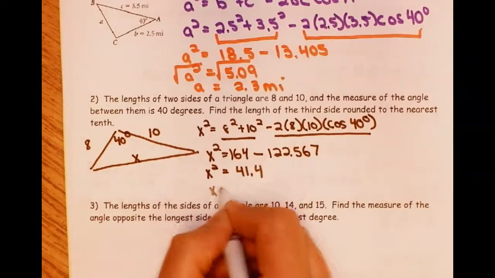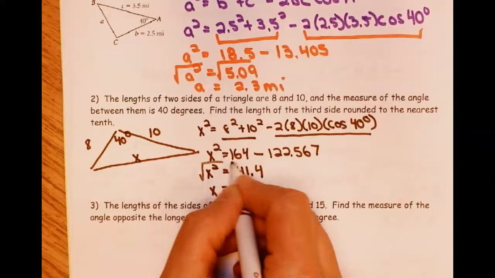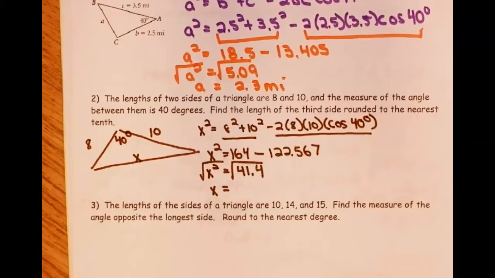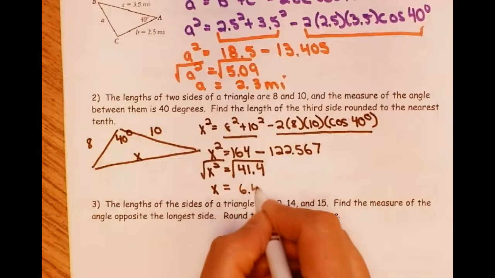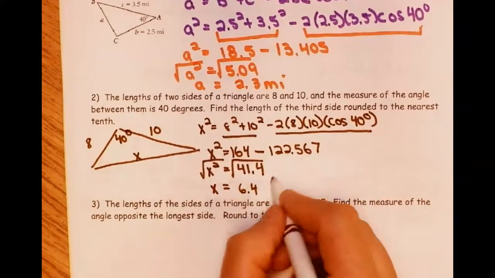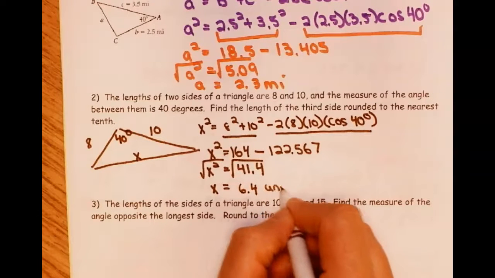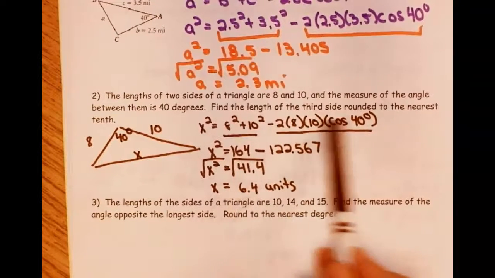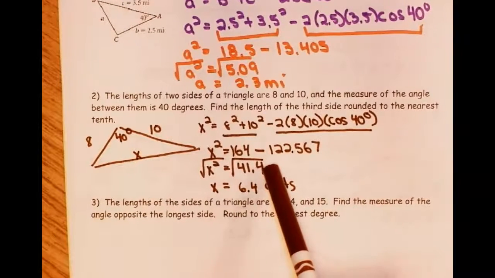And again, I want to know what x is, so I'm going to take the square root. And we end up with 6.4. It doesn't really say what the units are. Now, if you feel strong enough, you actually can type in that whole entire thing and jump right to the 41.4. I'm just trying to chunk it up in case you need that.